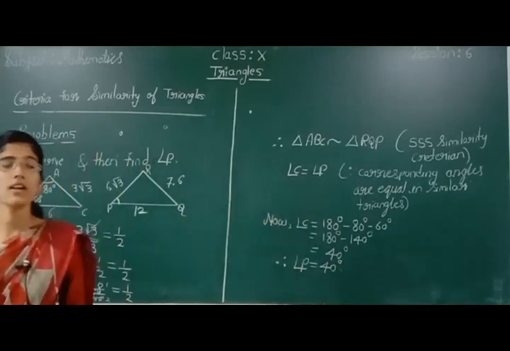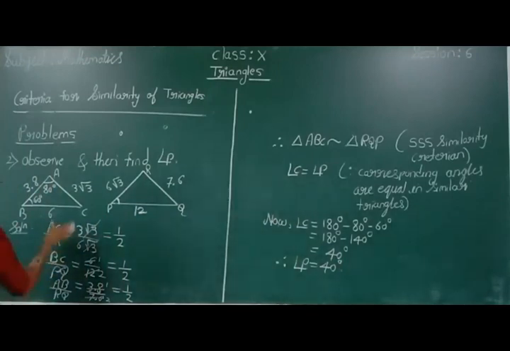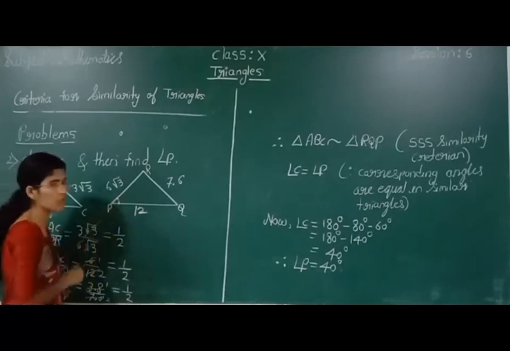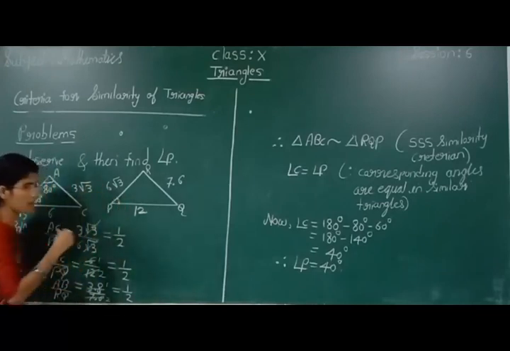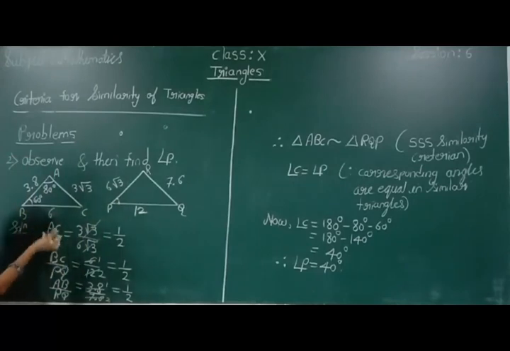What we have done here? We have first proved these two triangles are similar. If these two triangles were not similar, we couldn't find out the value of P, right? How did we prove it? The sides are given. We found the ratios of the corresponding sides.